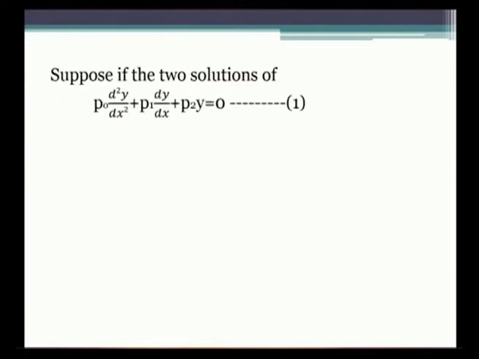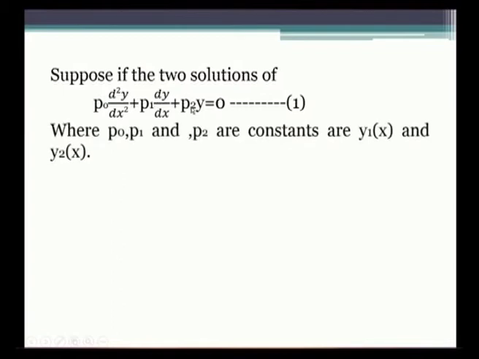Suppose the two solutions of P0 d square y by dx square plus P1 dy by dx plus P2 y is equal to 0, where P0, P1 and P2 are constants, are y1 of x and y2 of x.